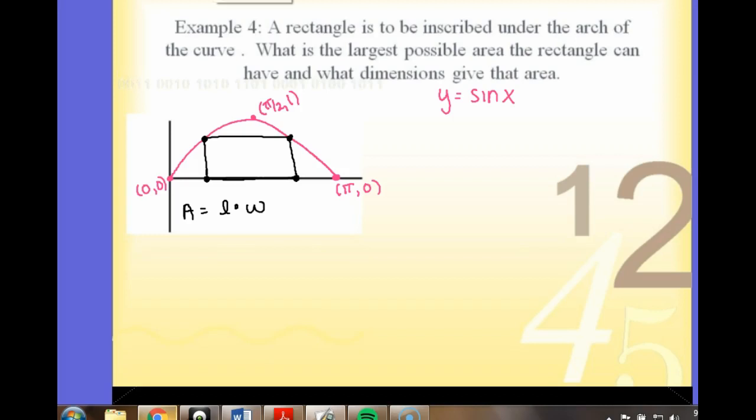You could label the in between as an x, so it'd be pi minus 2x. Good. So I would label the outsides of the rectangle as x between the curve and the rectangle. And we know this is going to be symmetric, so if it's x on this side, it's x on that side. So we can say the length is pi minus 2x.